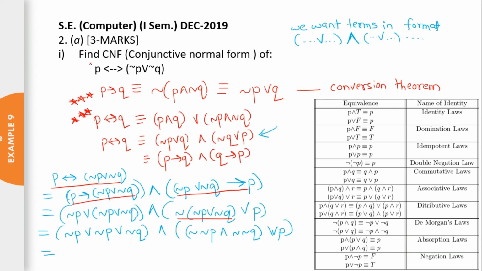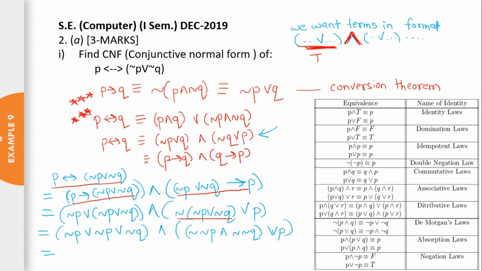In the same way we can go for calculation of CNF, conjunctive normal form. P double arrow negation of P or negation of Q. We have to find conjunctive normal form. Conjunctive normal form is conjunction, meaning AND of two terms, where each individual term is in the OR format. So we have to write individual terms for this equation. We'll check which formula lets us place individual terms in OR format.